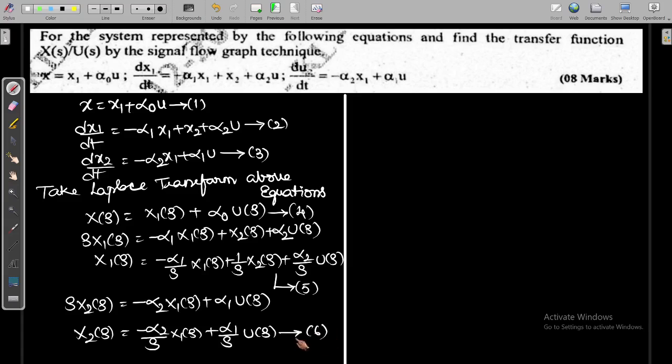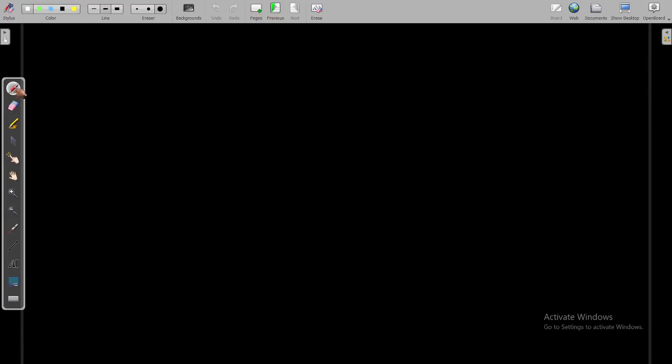So this is equation number 6. Now we will draw the signal flow graph from equations 4, 5 and 6. That we will do on the next page, because the signal flow graph will take up space.